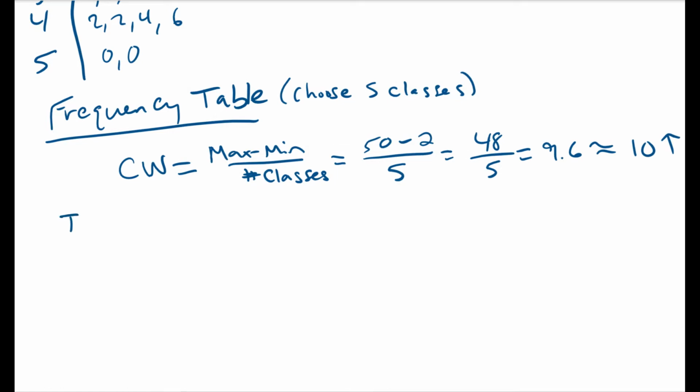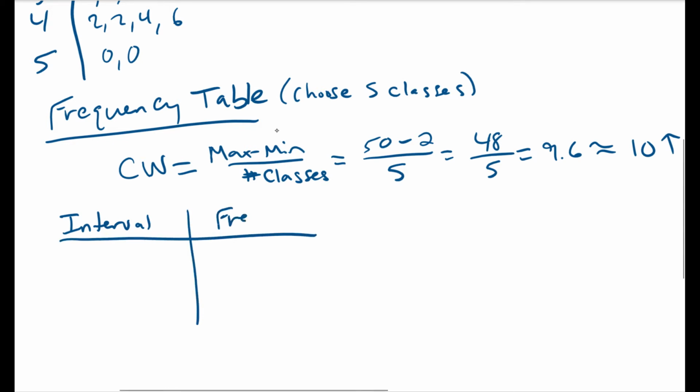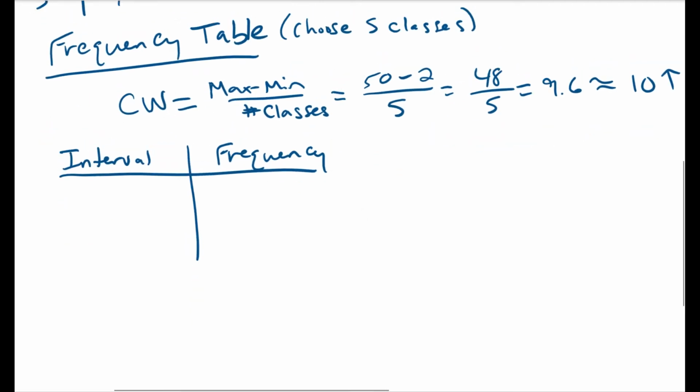Now that we have that, we can set up our table. So we have our interval on one side, and we have our frequency on the other. For our interval, we start with our smallest number, which is 2. So we want to go from 2 to less than, and this is where you add your class width. So 2 plus 10 is 12, so that goes here.